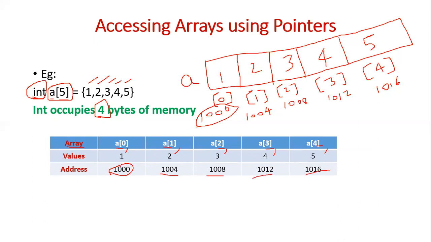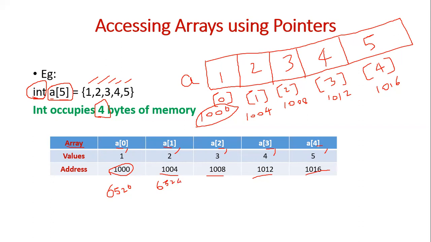Okay. Address can be anything, we don't know, because the compiler will allocate some location whichever is free. If the starting address is known, then you can identify the other addresses if you know the data type of the array. If the starting address is 6520, if A of 0 is 6520, then what will be A of 1? 6524.